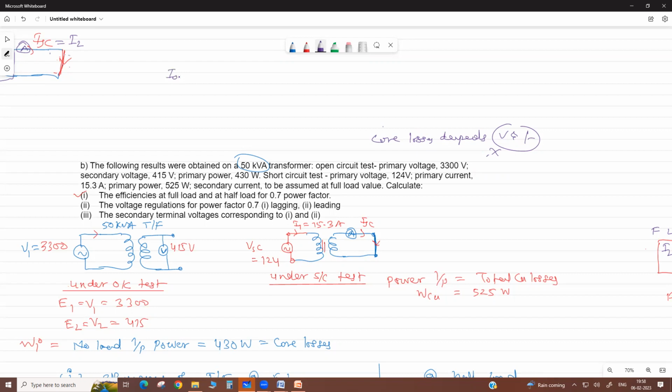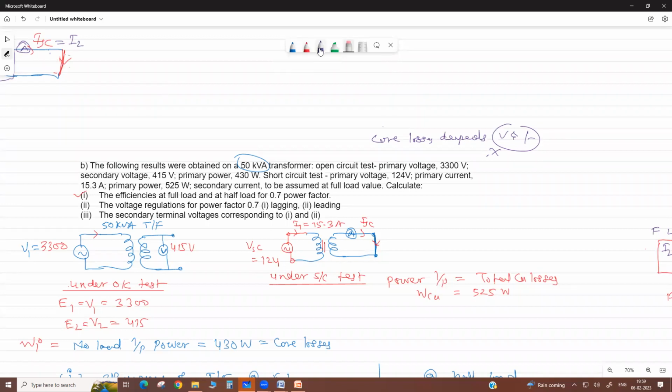Copper loss is ISC square R02. The primary current is like the rated current only.